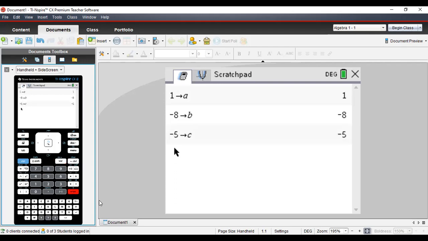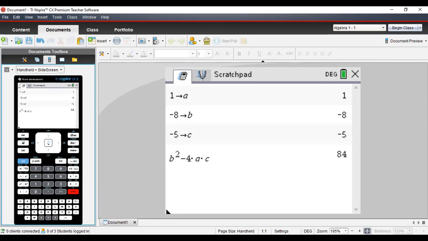Now, the only thing I need to calculate is the part under the square root. So I'm going to do B squared minus 4 times A times C, and I get 84.